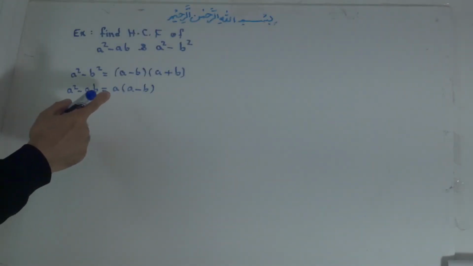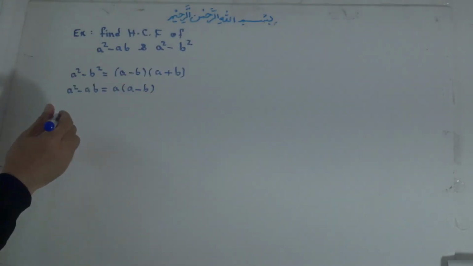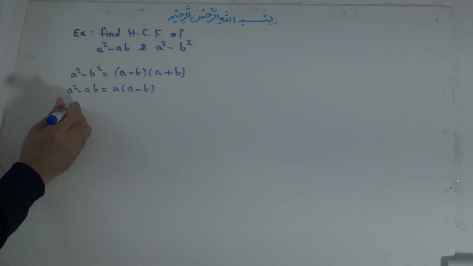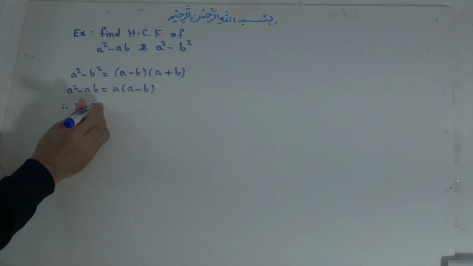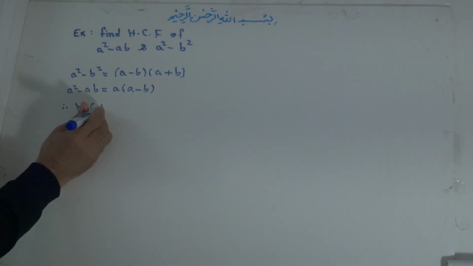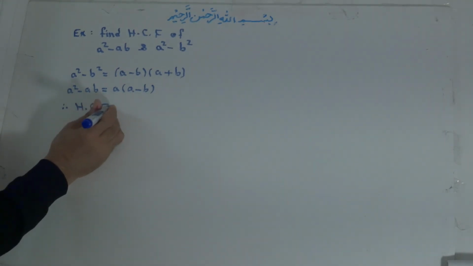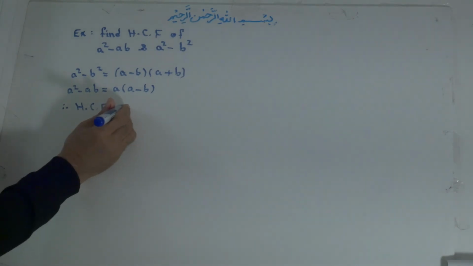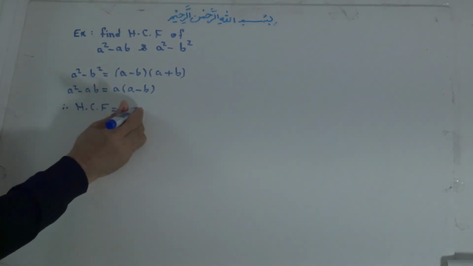Now we know that a minus b is common in both of them, so therefore we say that the HCF in these two expressions is equal to a minus b. a minus b is the highest common factor in these two expressions.